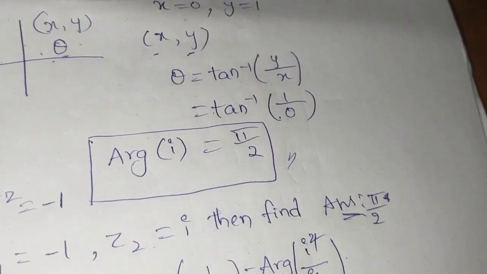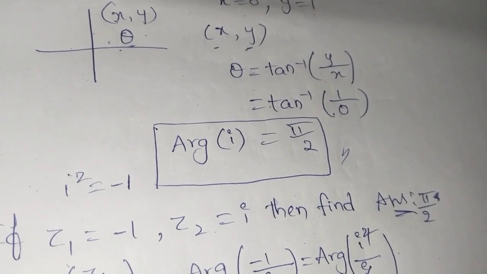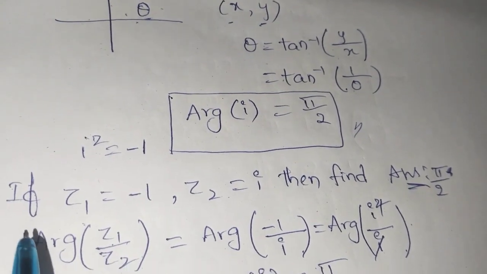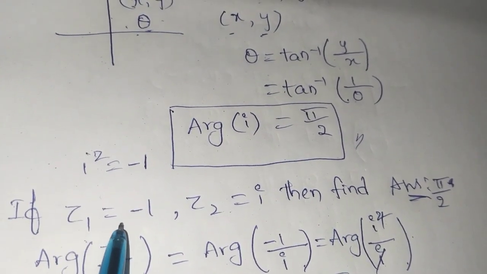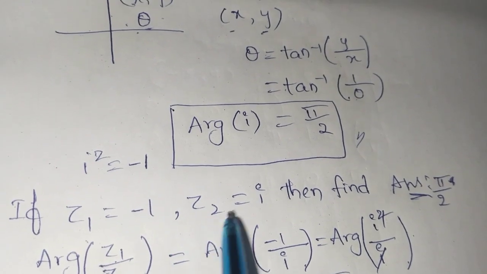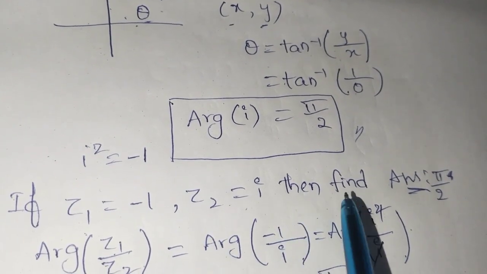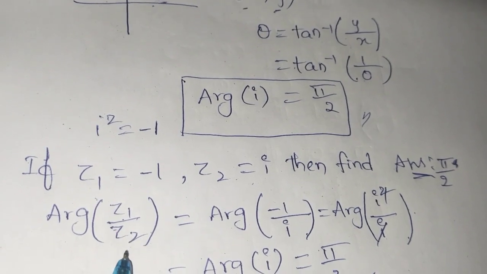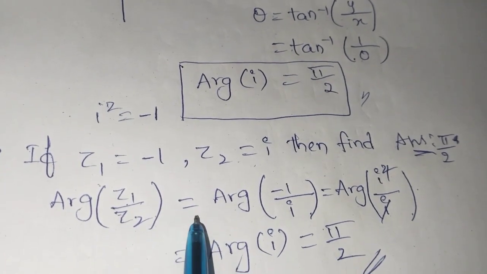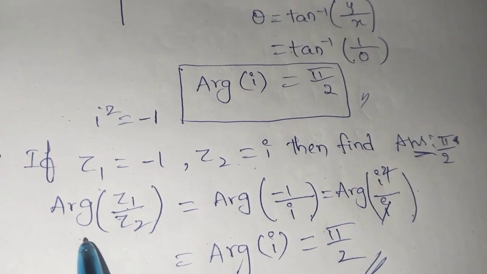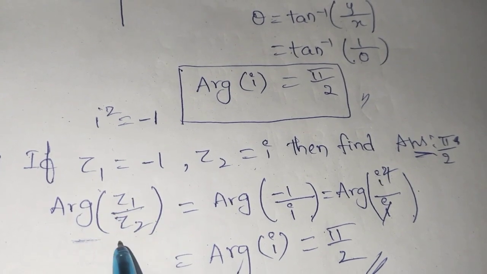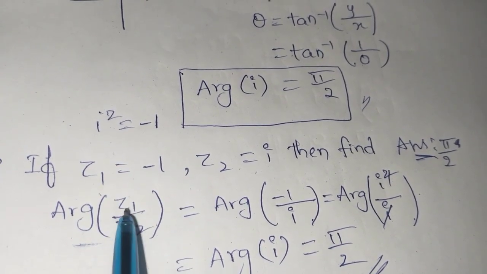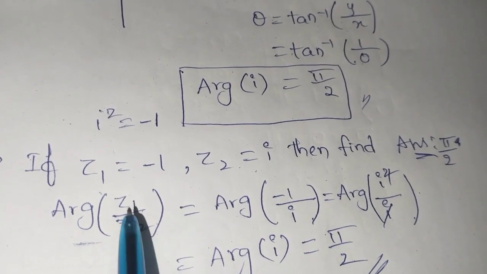Next question. See the next question. If z1 is equal to minus 1 and z2 is equal to i, then find the argument of z1 by z2. So we need to find this value, the argument of z1 by z2. They gave the z1 value and the z2 value. Substitute in this.